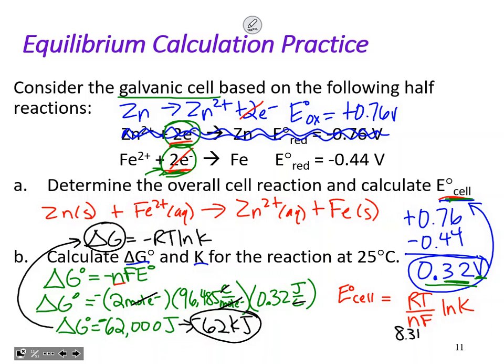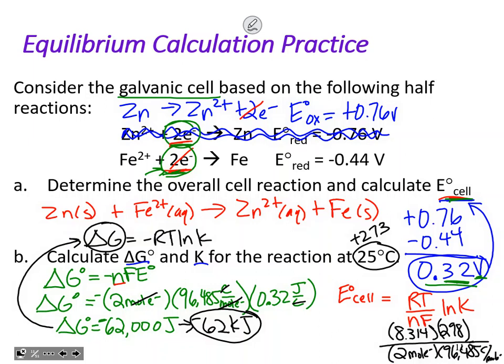So we get R is 8.314. The temperature, add your 273 to that, so this is going to be 298, not 289, 298. And the moles of electrons are still 2 moles of electrons, times Faraday's constant 96,485, which is the coulombs per mole of electrons. ln K, that's going to give us the E cell, which is 0.32 volts.